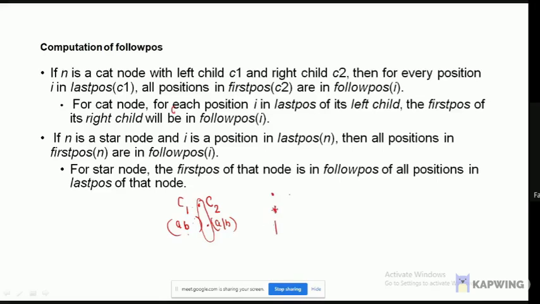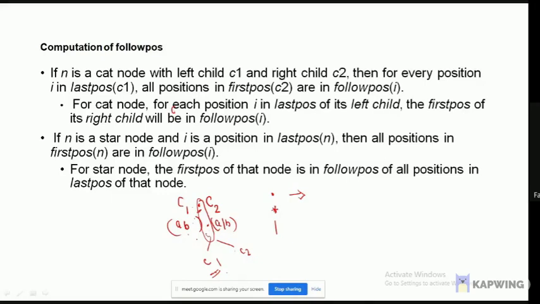In case of a cat node, C1 is the left child and C2 is the right child, right? C1 will be followed by the symbols present in C2, so the follow position of C1 is the first position of C2, right?